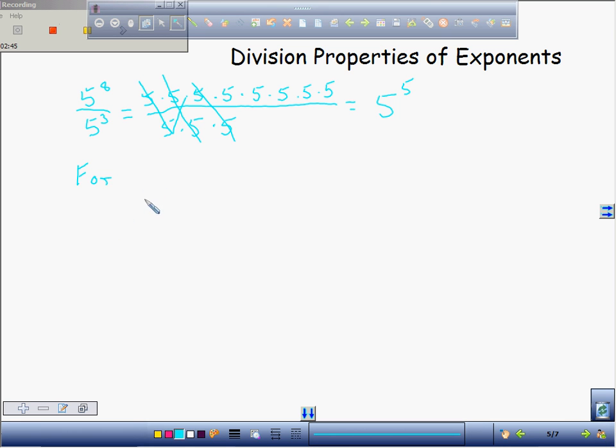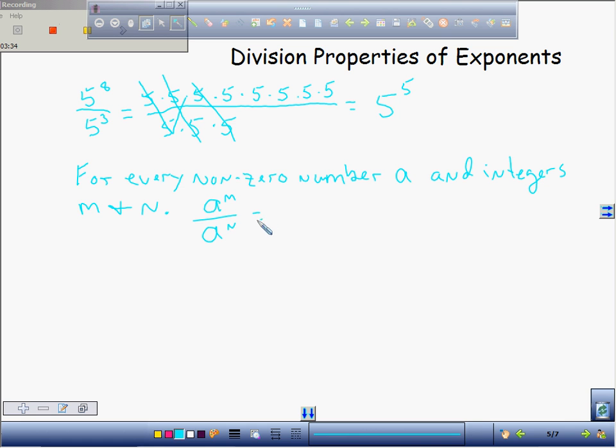The rule is: for every non-zero number a, and integers m and n, a to the m over a to the n equals a to the m minus n.